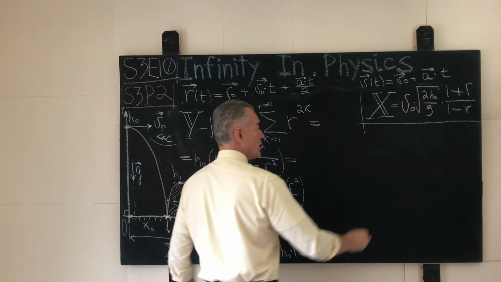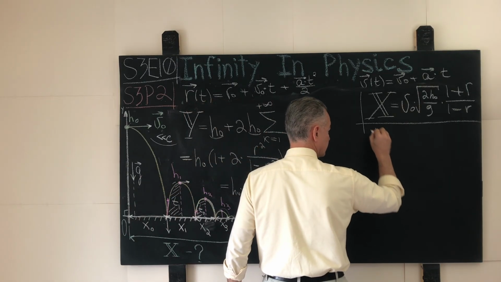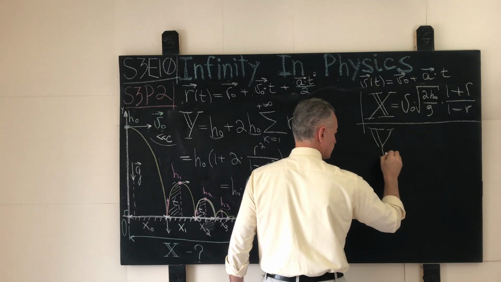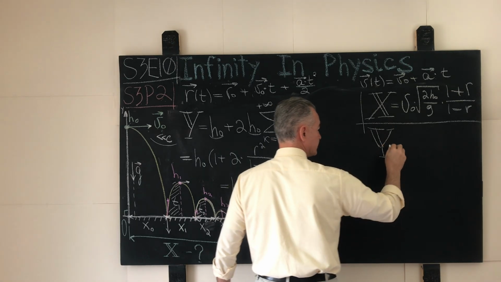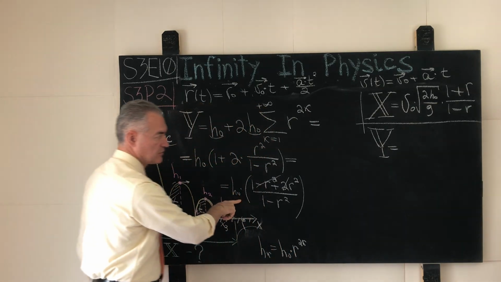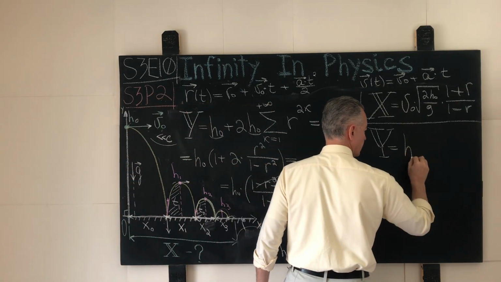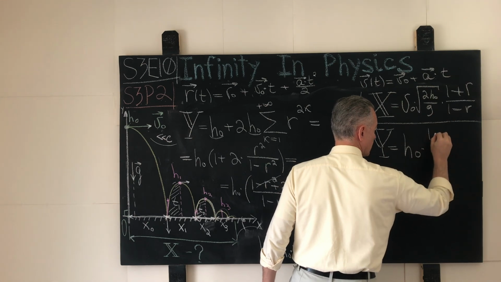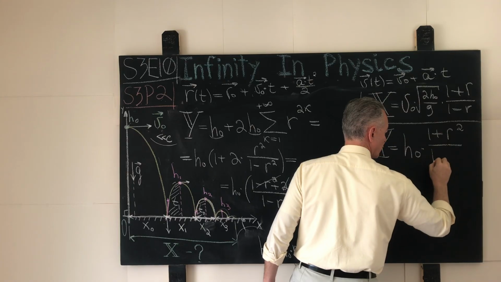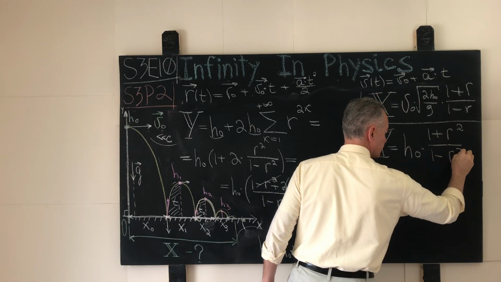In other words, the total vertical distance traversed by our brave chicken is given by this expression over here, h0 times 1 plus r squared divided by 1 minus r squared.